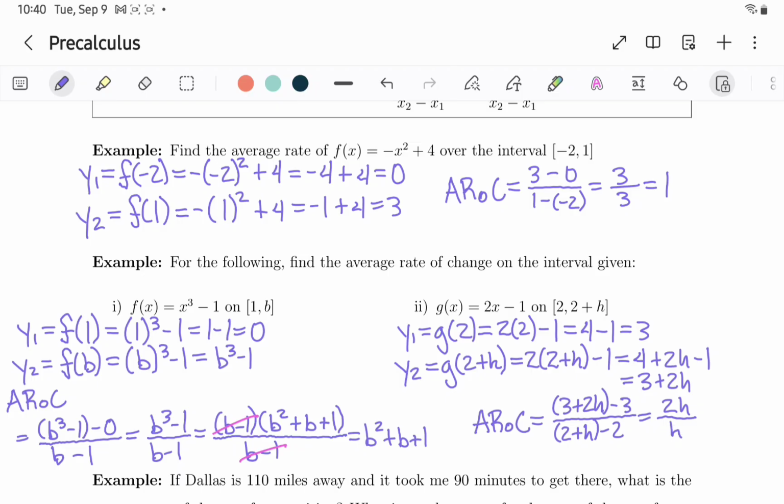So we have 2h over h, and from here we can cancel out the h's. So let's do that. And so the average rate of change of g over the given interval is just going to be 2.